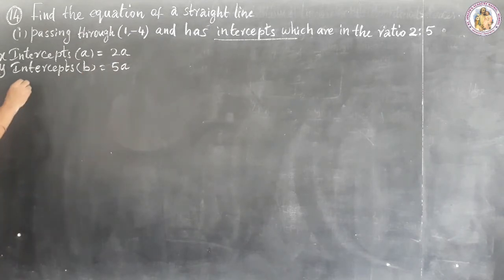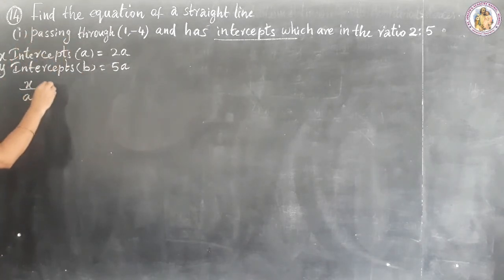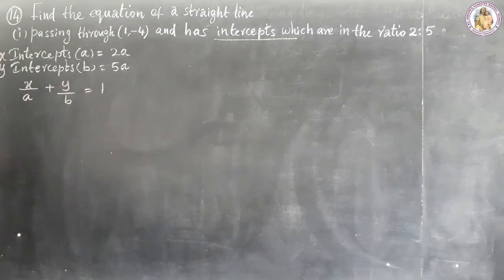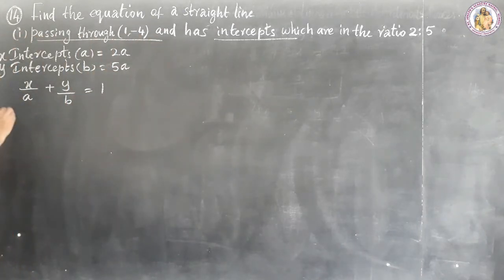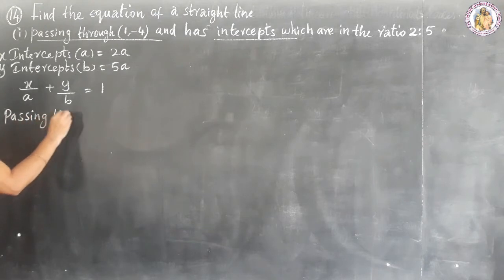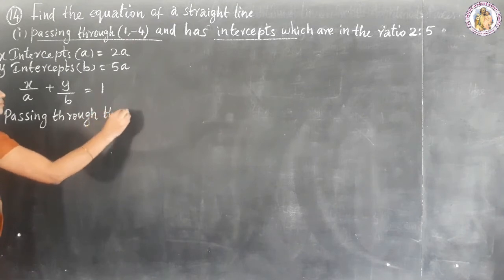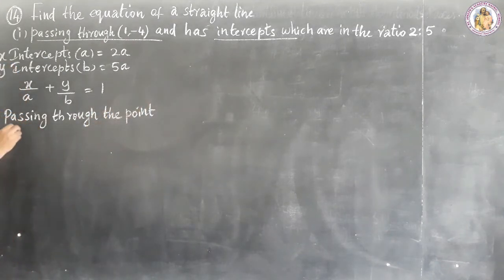Now to find the equation of a line, x by a plus y by b is equal to 1. Here it is given as passing through the point 1, minus 4.